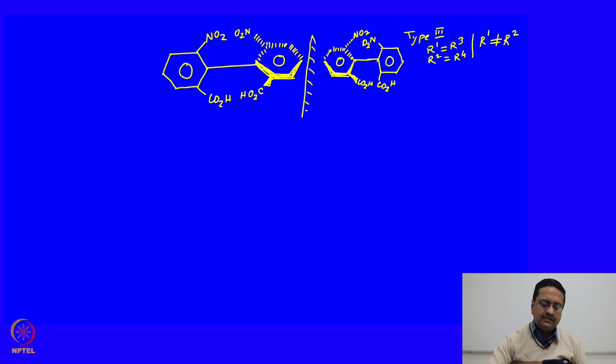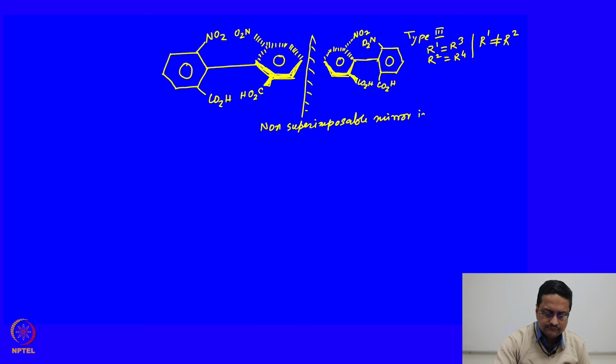So, what you can see is that these are non-superimposable mirror images. So, therefore, this compound, if I identify it as Roman 1 and this I identify as Roman 2, they are enantiomeric pairs.